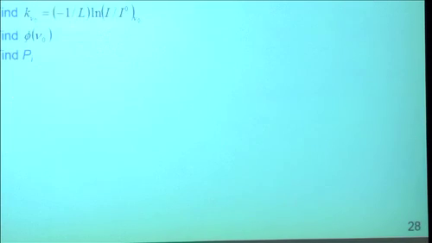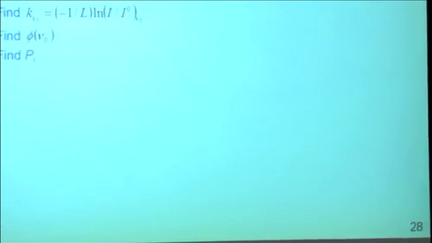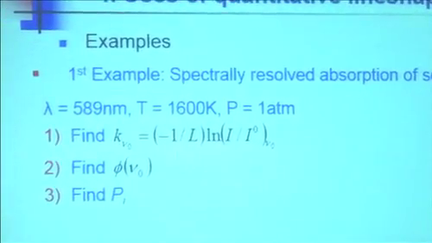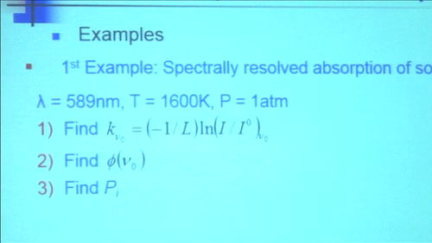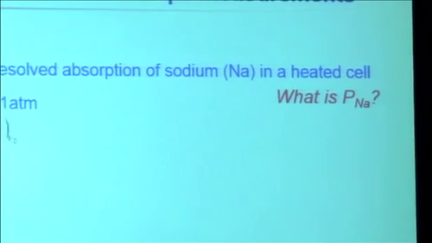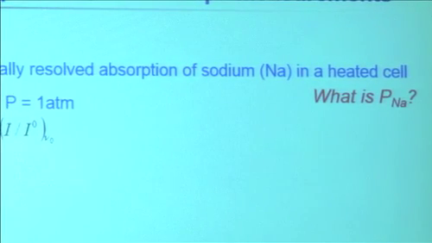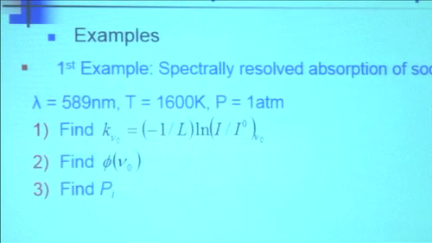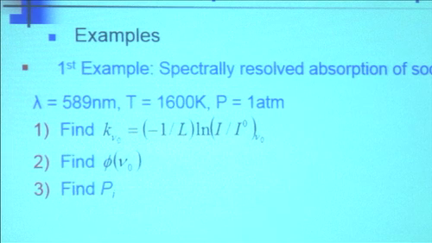So let's see. I'm going to give you now a few examples. This is an example with sodium. Remember, sodium is an alkali metal. The first column of the periodic table, very high oscillator strengths, very high values of A, very strong absorber. Imagine an experiment where we've got some heated sodium in a heated cell.